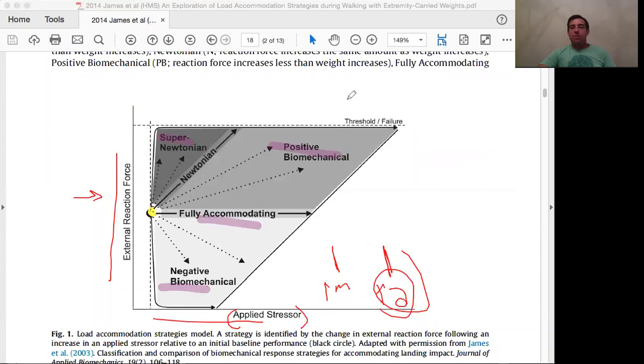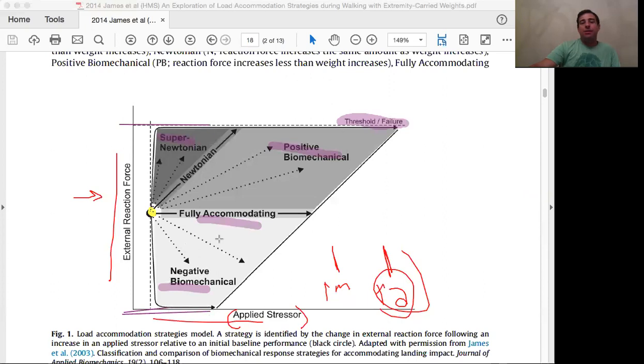We didn't talk about, and it's not that important for this class, this idea of threshold and failure, okay? And the idea is this, and I don't need you to do this for the assignment, but it's a predictive model to talk about the thresholds for failure. So you'll see that there are limits on each side of the peak force, negative and positive biomechanical.